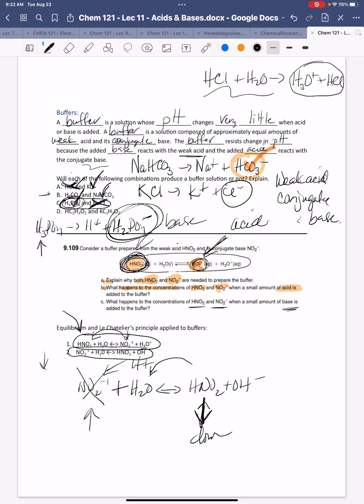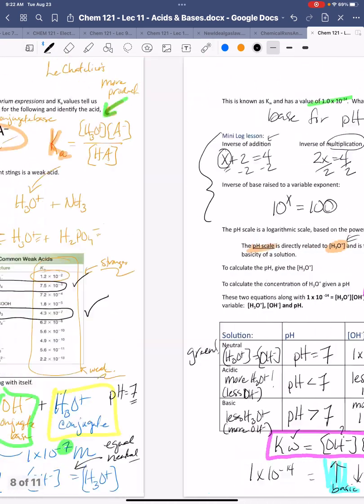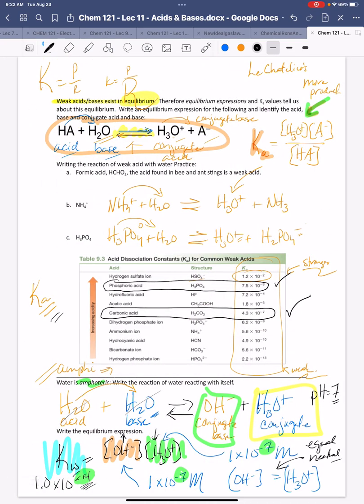And the weird thing about it is it's never going to come all alone. It's going to come with a spectator ion. And Scott mentioned that also in the demo. Okay, last, and hopefully this makes sense. This right here is a weak acid. This is acetic acid, again looking it up on the chart. Acetic acid is right there. Different formula, same thing.